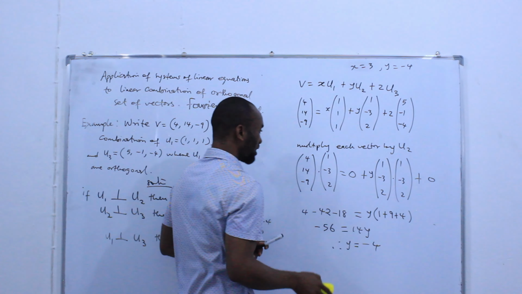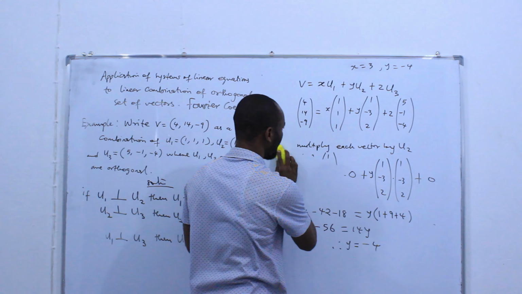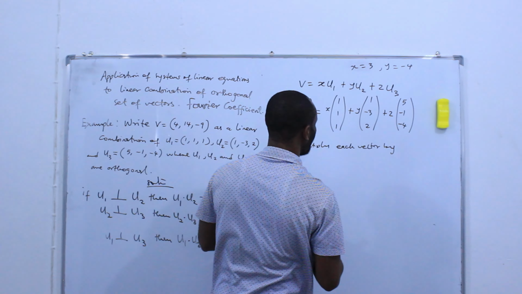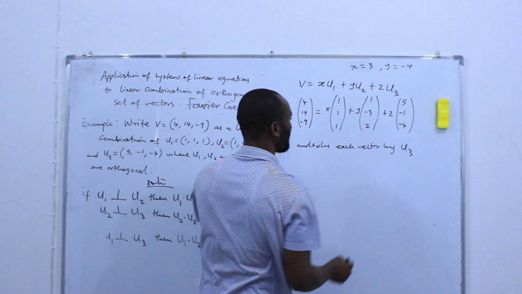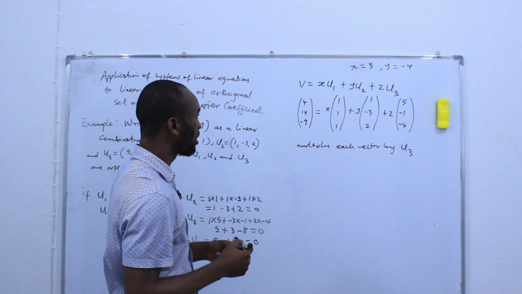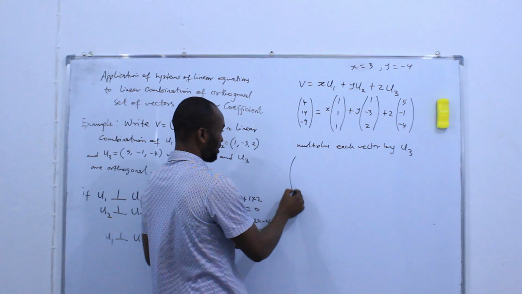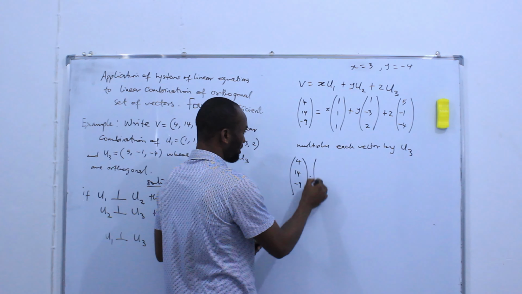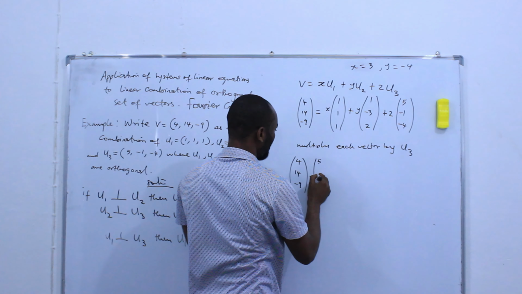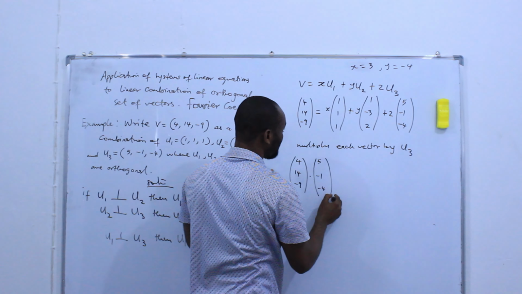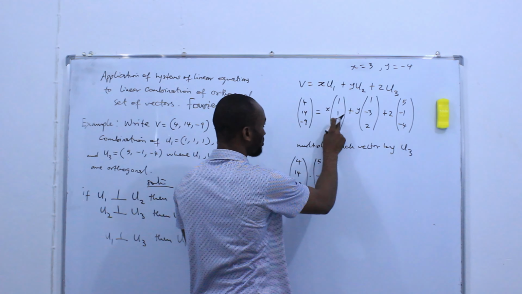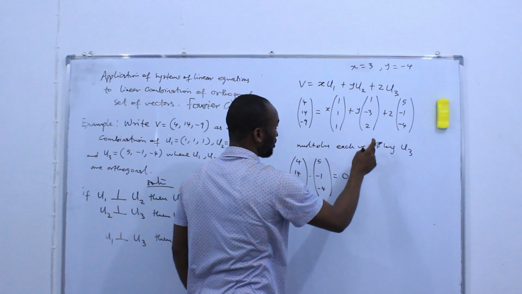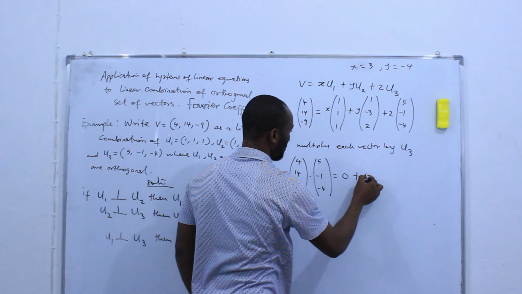Now finally, if I multiply each vector in that equation by u3, we're going to have the dot product of 4, 14, minus 9 with 5, minus 1, minus 4 is equal to: the dot product of u3 with u1 will give you 0, and the dot product of u2 with u3 gives you 0.